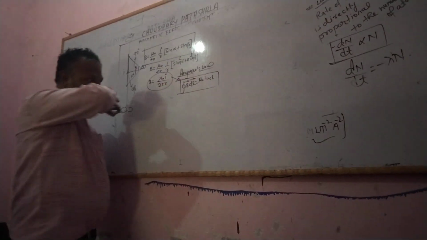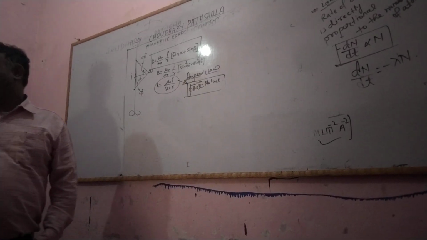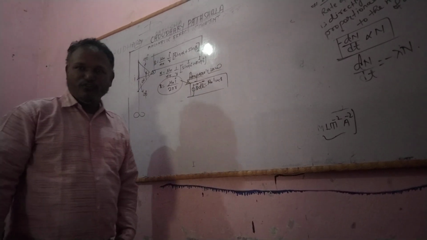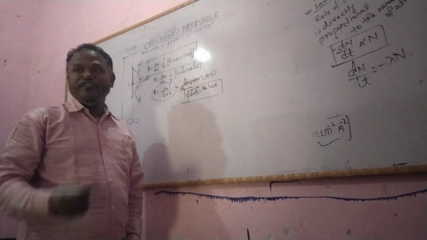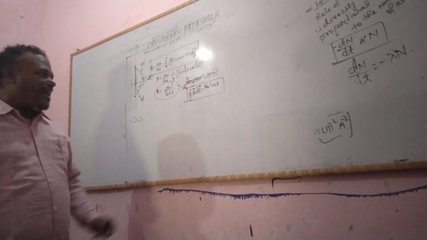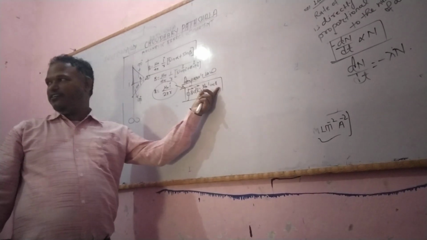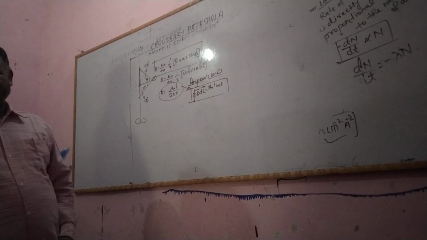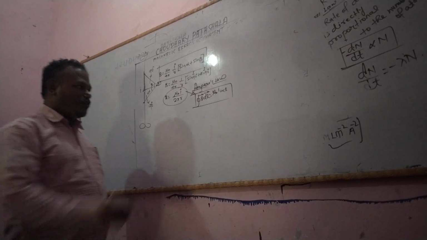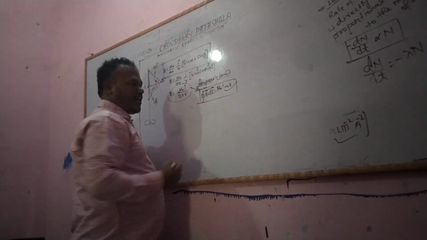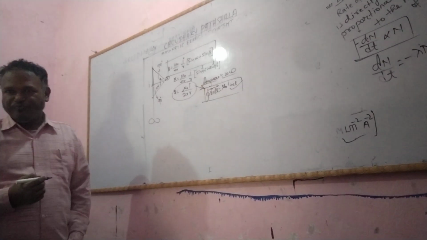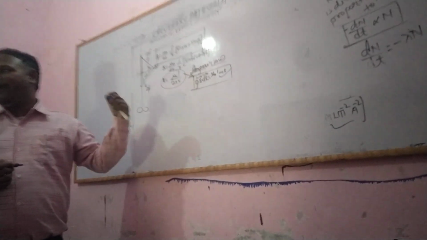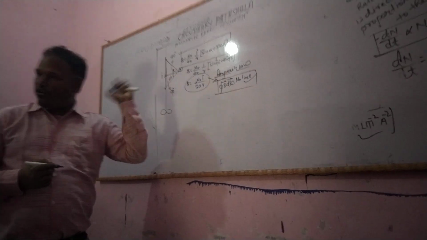Line integration of magnetic field over a closed loop will be equal to what? It will be equal to mu naught times the current enclosed by the loop. And from this law, you have to find the magnetic field due to an infinitely long wire.